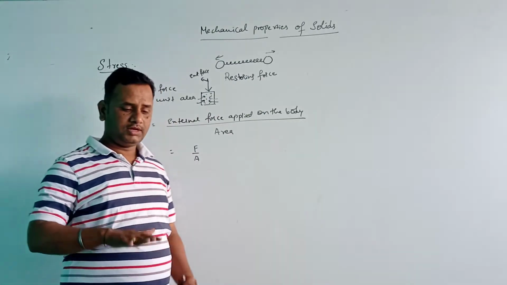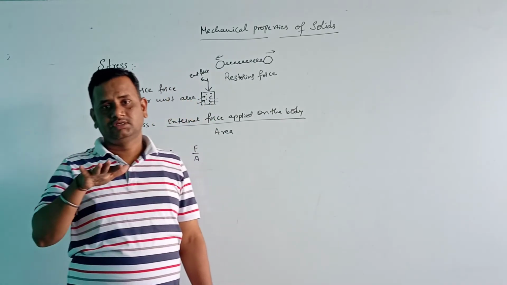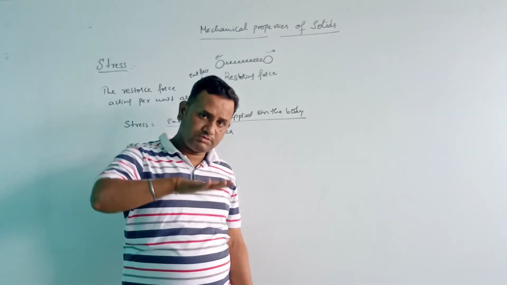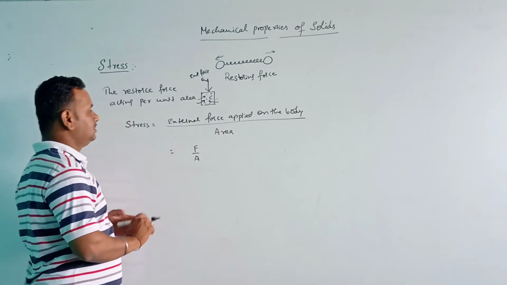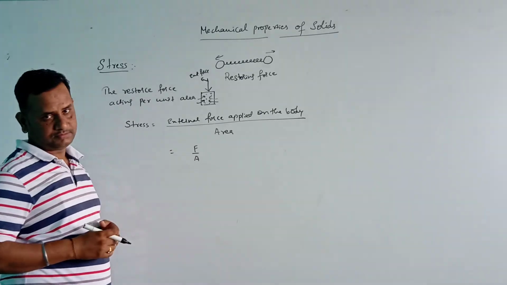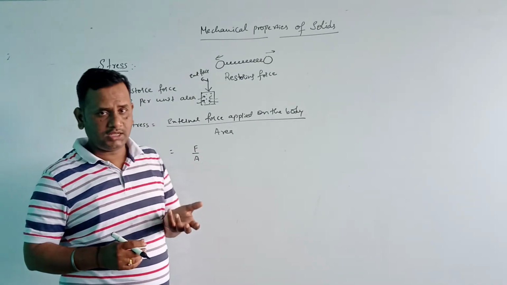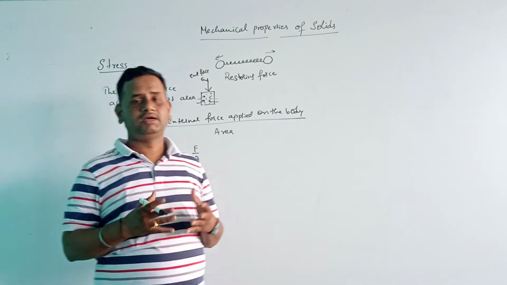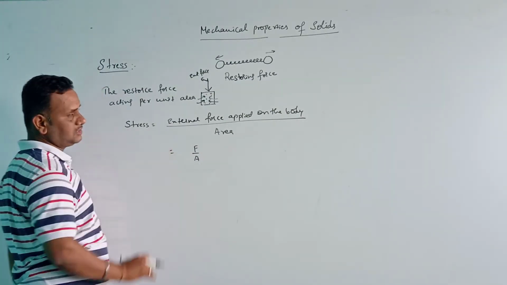If I apply a force on any body, either a table or a notebook, the force acting on that body per unit area is called stress. Due to this stress only, the body changes its shape and size.